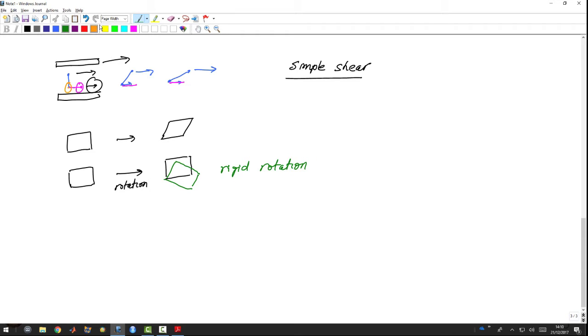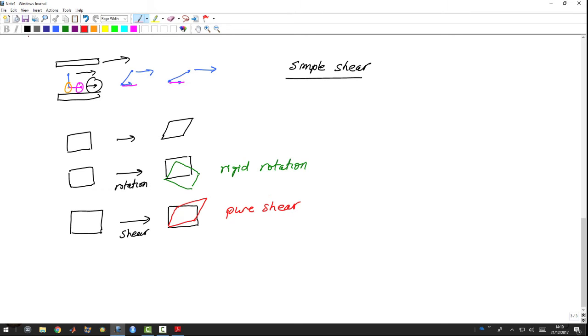We could also have a shear, in which case the same block, if it is getting sheared, then due to shear the same object will become deformed, and shear deformation will cause the block to become like this. So this is pure shear.